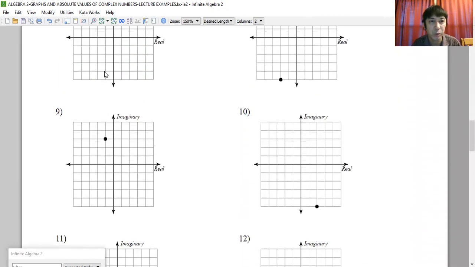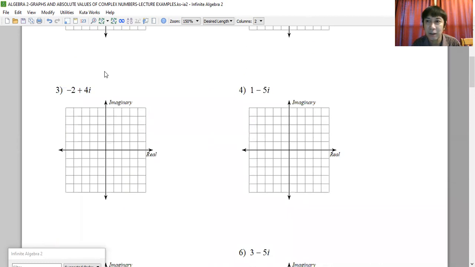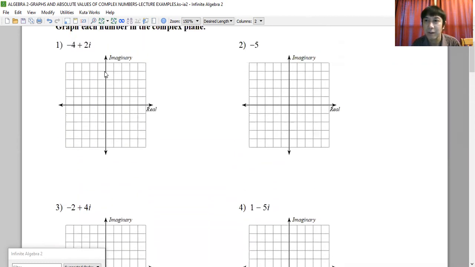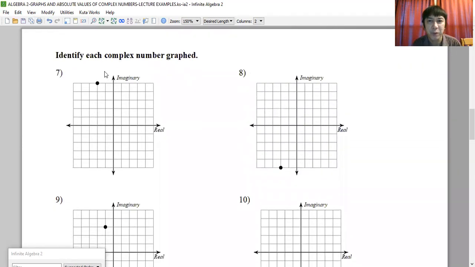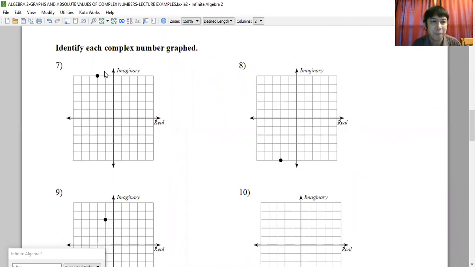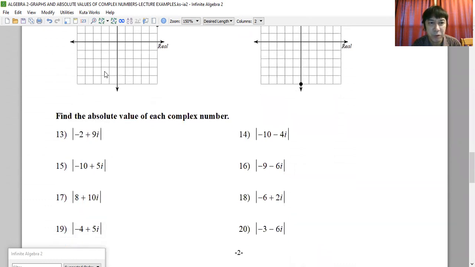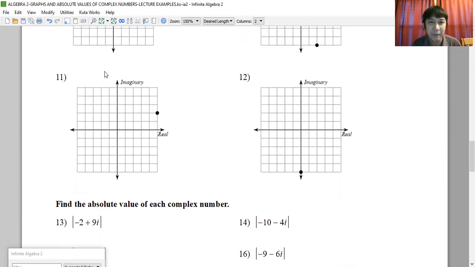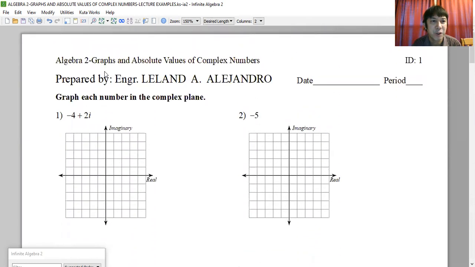The first part will be locating the specific dot or point. For the second part, from the points, we will have to identify the particular complex number. And for the third part, we're going to compute the absolute value of any complex number. So let's begin with the very first number.